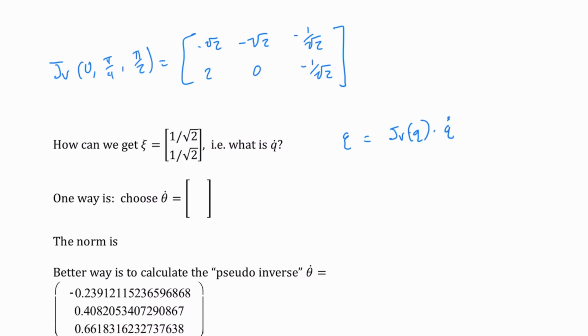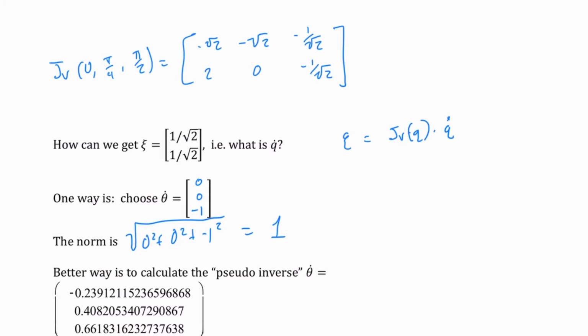All we'd have to do is put a -1 in the last one, and a 0 in the other two, and we would get that. If we take the norm of that, the root of 0 squared plus 0 squared plus -1 squared, we get that the norm is 1.